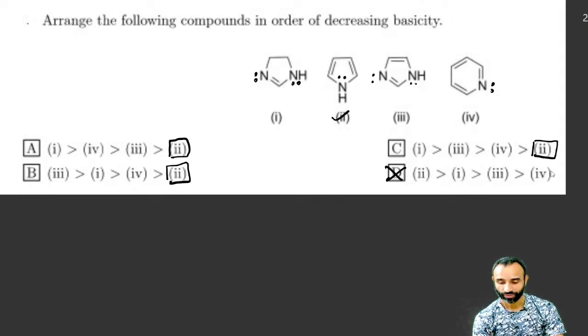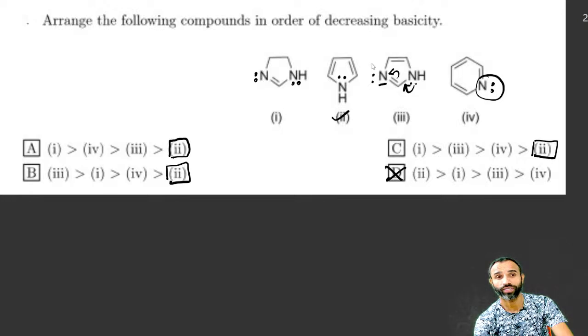Actually, see, in this case, there is only one lone pair, one nitrogen which has a lone pair, and it is intact, right? But if in this case we show the conjugation, what happened? This nitrogen will get two lone pairs and a negative charge, and at a time one nitrogen remains intact, meaning the lone pair on nitrogen remains intact.